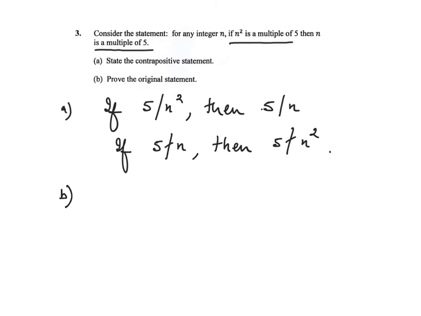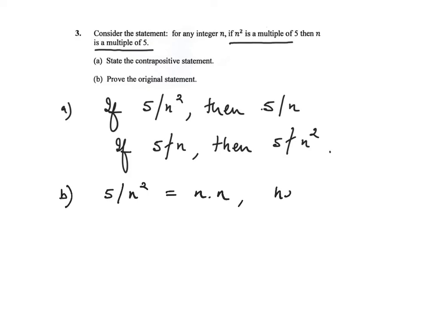Part B, we want to prove the original statement. Well, if 5 divides into n squared, if n squared is a multiple of 5, well, we know that n squared is n times n.